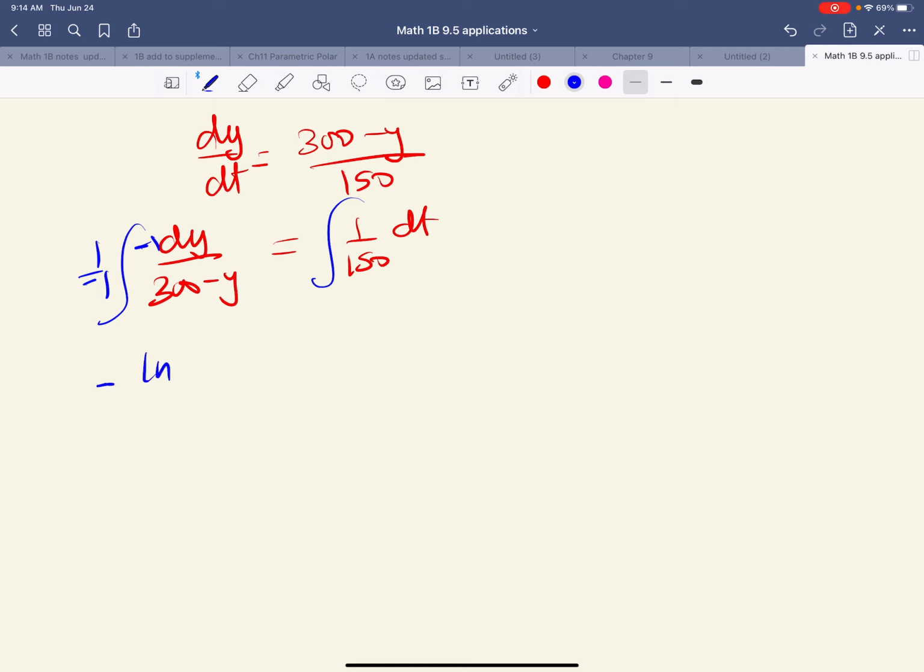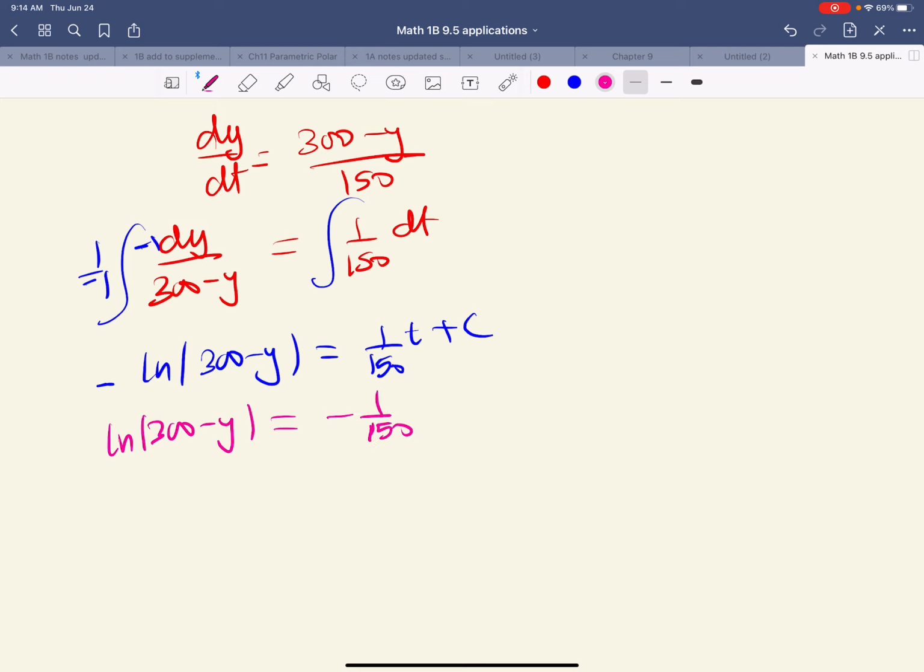It would be negative natural log of (300 minus y) equals 1 over 150 t plus c. My goal is to isolate y, so I take the negative to the other side: natural log of (300 minus y) equals -1 over 150 t plus c. Multiplying c by -1 still leaves a constant, so I just keep it as plus c.